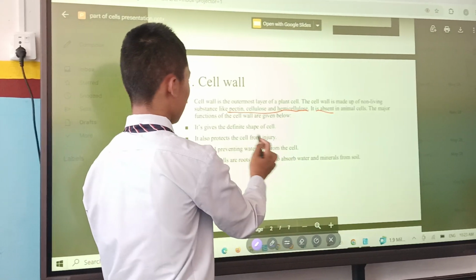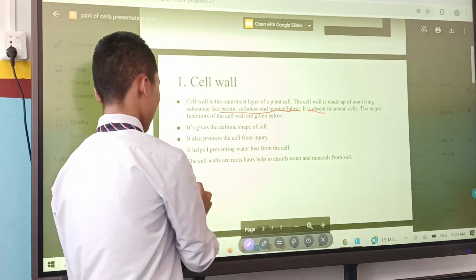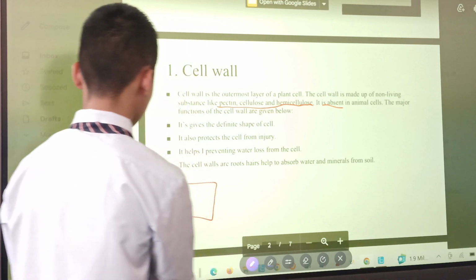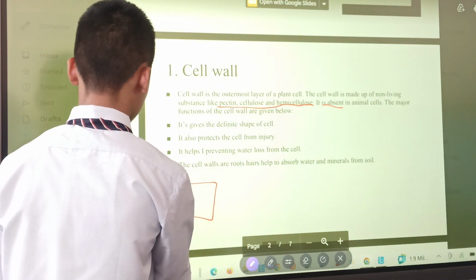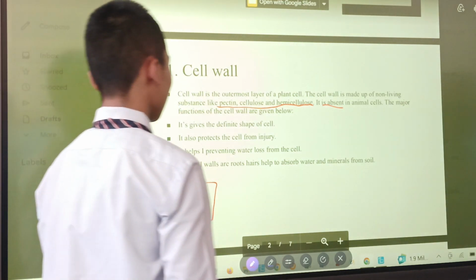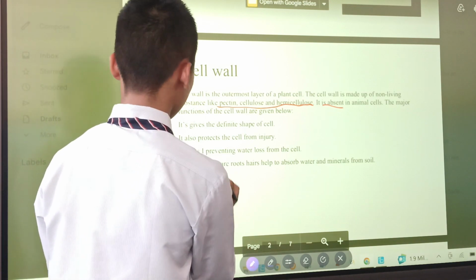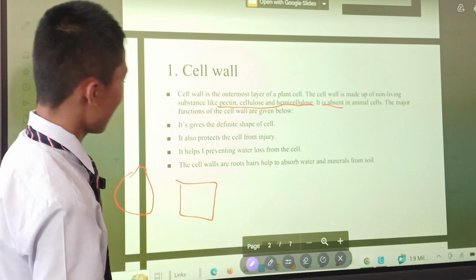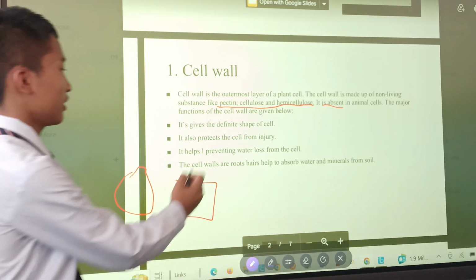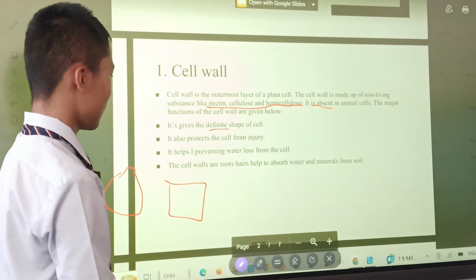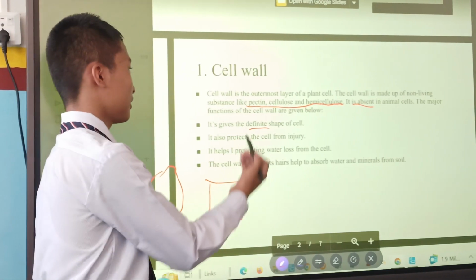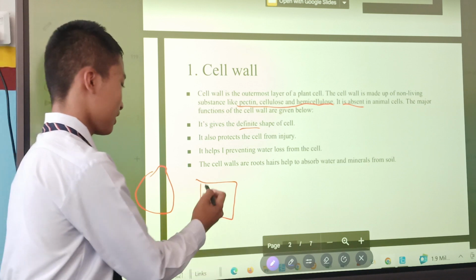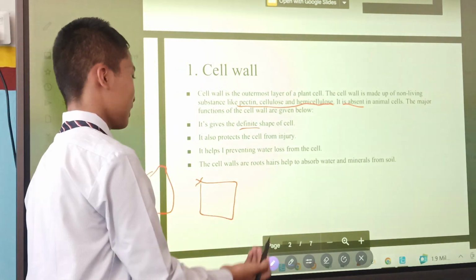It gives the definite shape to a cell. As you know, a plant cell has a rectangular-ish shape, and the animal cell has an oval shape. Because there is no cell wall present in animal cell, it means that the animal cell does not have a definite shape, but because cell wall is present in plant cell, it has a rectangular, a definite shape.